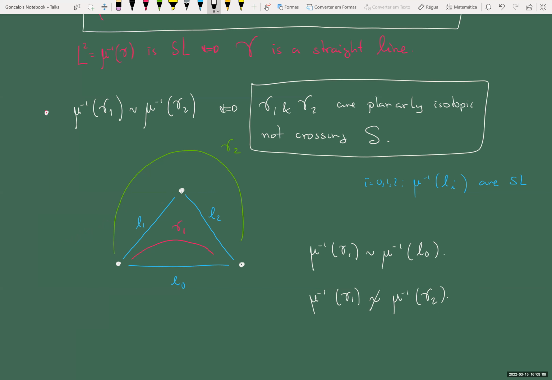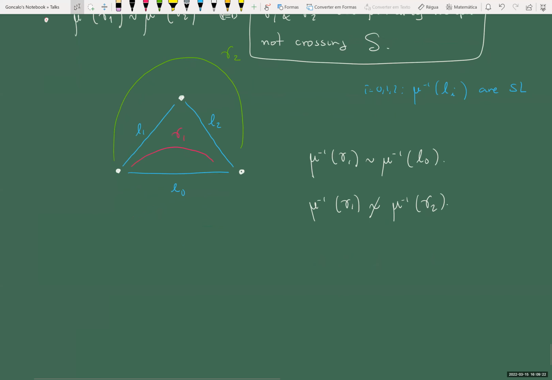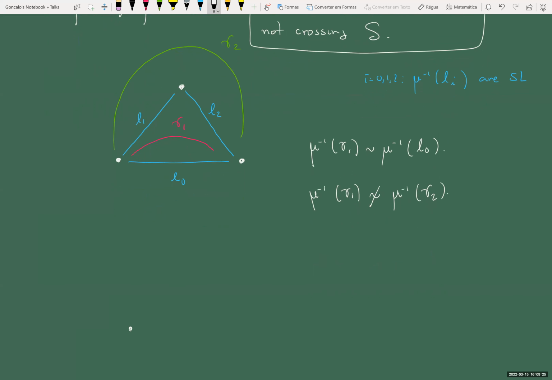But what happens if you really try to deform gamma 2 to L0? As you deform gamma 2, you will be stuck around this point.